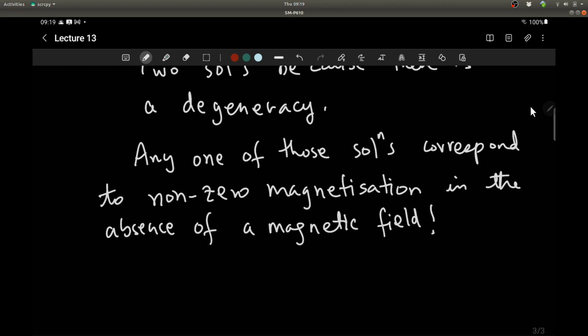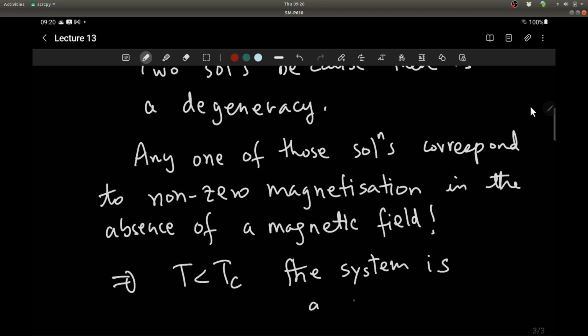So what does this mean? So it's a ferromagnet. So for T less than Tc, the system is a ferromagnet. And we know that for M equal to 0, if you turn on a magnetic field, as we will see, it will become a paramagnet. So there is indeed a phase transition happening at T equal to Tc.